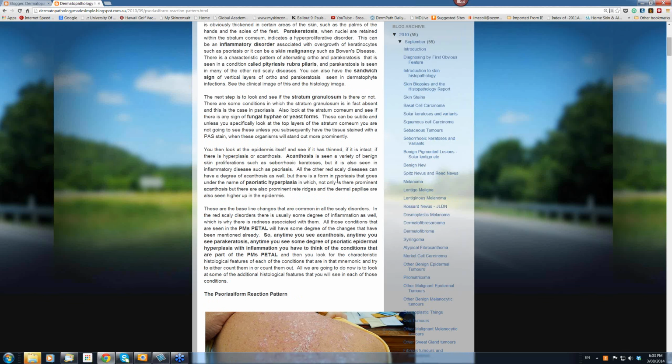But there's a particular form in psoriasis that goes by the name of psoriatic hyperplasia. And not only is there acanthosis, but you've really got prominent rete ridges. And the dermal papillae are seen high up in the epidermis. You've got a thin suprapapillary plate. The plate of cells above the dermal papilla is quite thin.